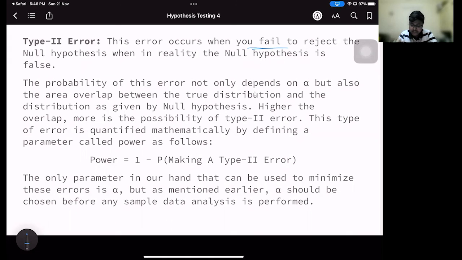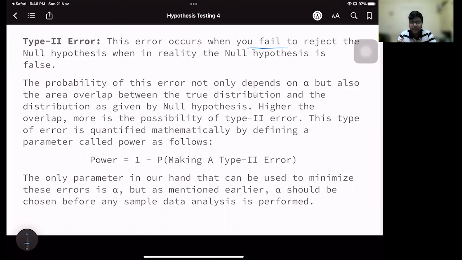The probability of this error depends not only on alpha, but also on the area of overlap between the true distribution and the distribution given by the null hypothesis. Because of the overlap between these two distributions, the higher the overlap, the greater the possibility of a type 2 error.